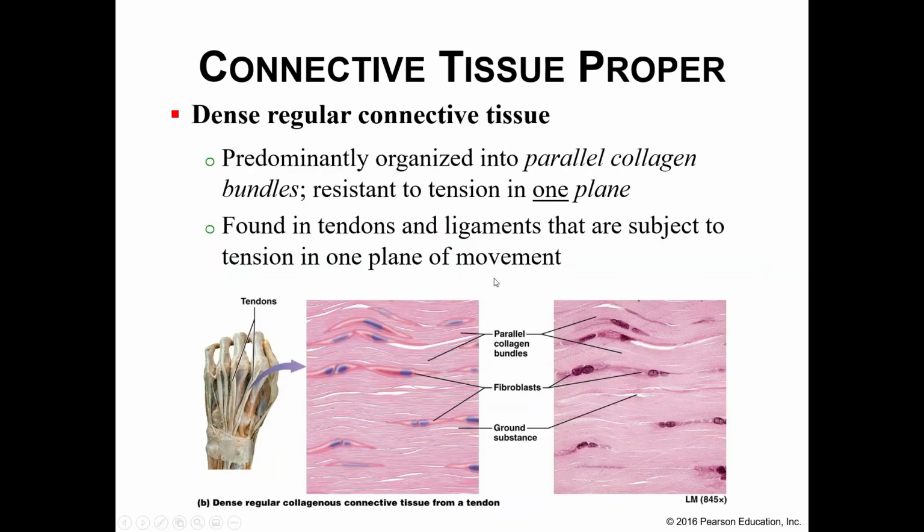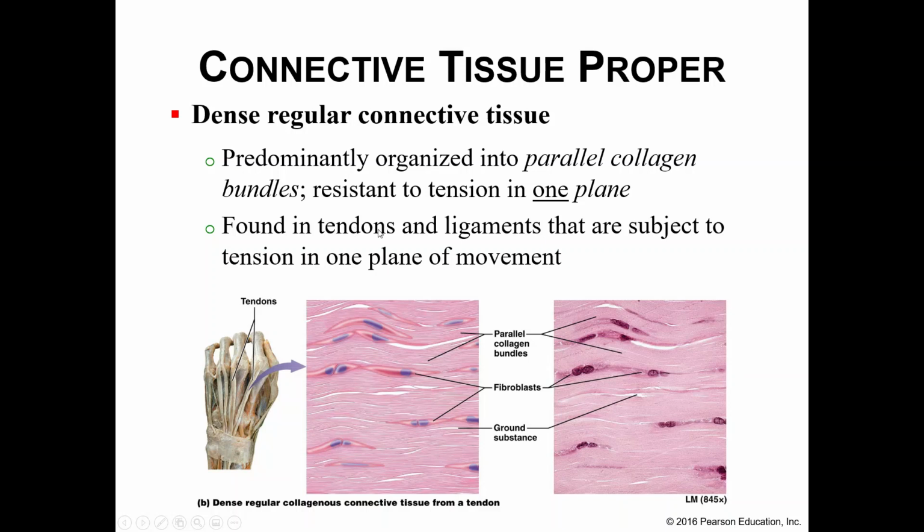Your dense regular connective tissue, all this pink is still collagen fibers, but now you notice that those collagen fibers are very organized. They run parallel to each other. These help with resistance and tension in one plane of direction instead. If you can imagine pulling on this from both ends, probably end to end though.